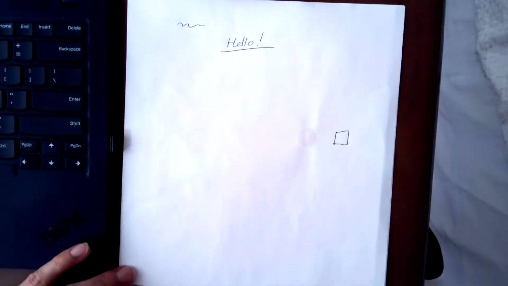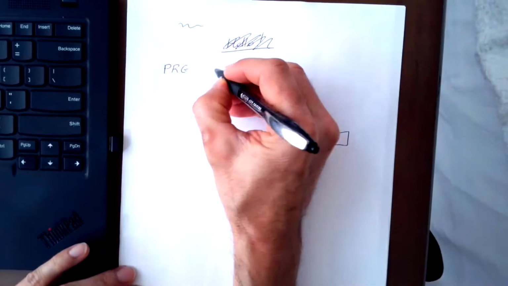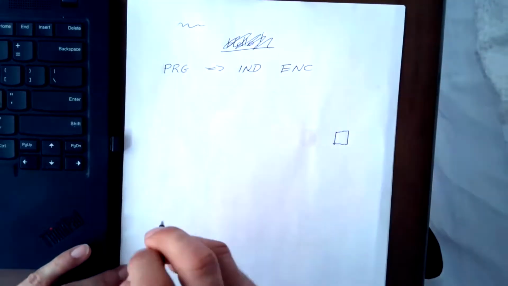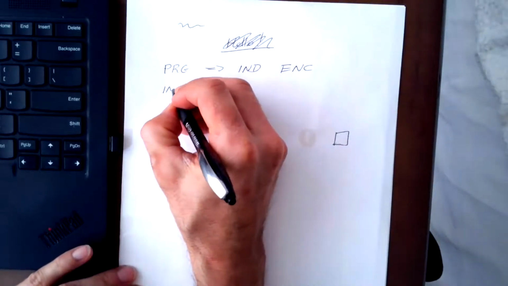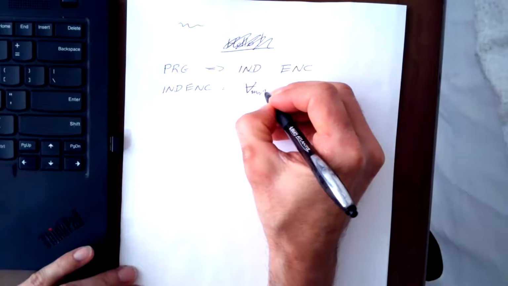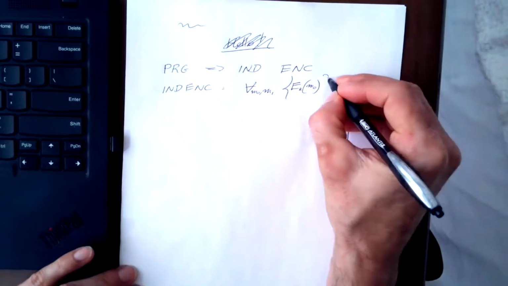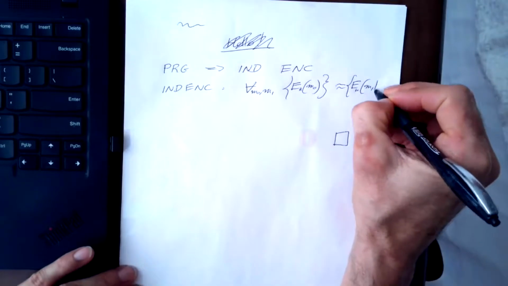All right. Okay. So we know that PRG implies indistinguishable encryption. Indistinguishable encryption means that for every M0, M1, the distribution of encryptions of M0 is computationally indistinguishable from encryptions of M1.